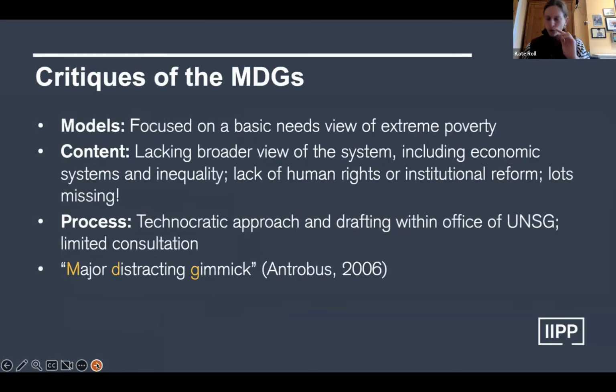But the MDGs weren't universally loved. A lot of the ideas were focused on a basic needs view of extreme poverty. Sometimes we get a basic needs view of something like hunger: that people need 12,000 calories a day, and if they get that, that's fine and we can move on.